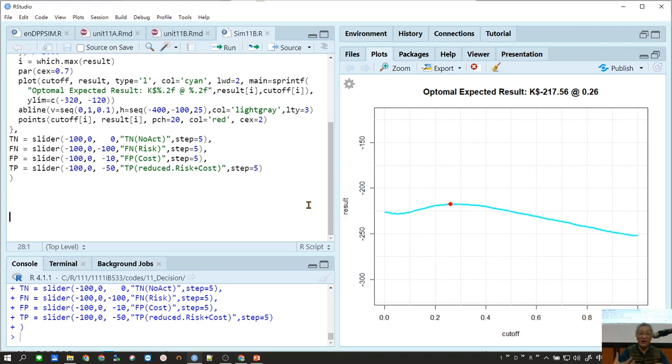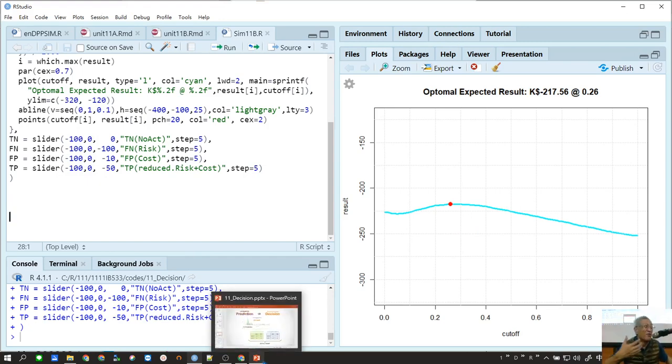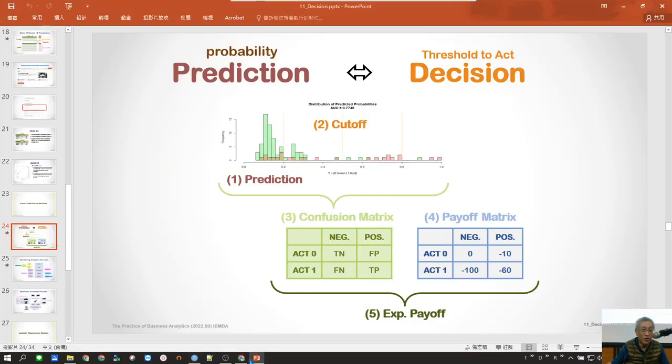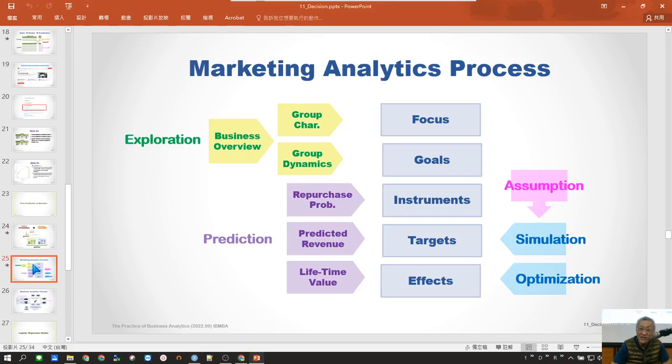So starting from next week, we'll have 2 weeks left before our final. So the next 2 weeks, I will go back to the Tafang case. Now, in the Tafang case, first of all, I will show you how to make a model to predict the repurchase probability.